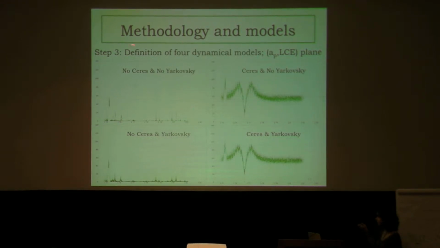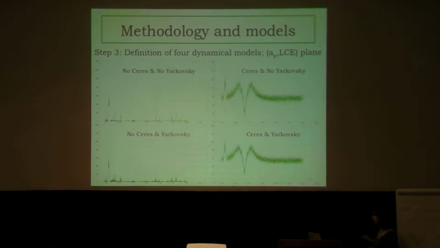To this base case, we add different potential perturbing systems. On the one hand, we have Ceres as the main perturber, like the giant planets are. On the other hand, we have the Yarkovsky effect.